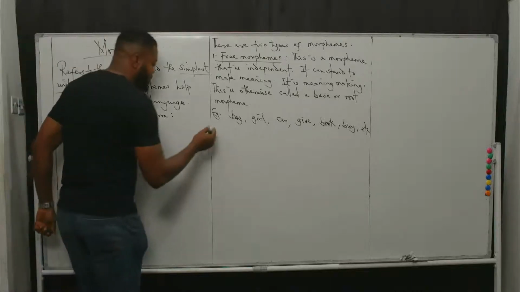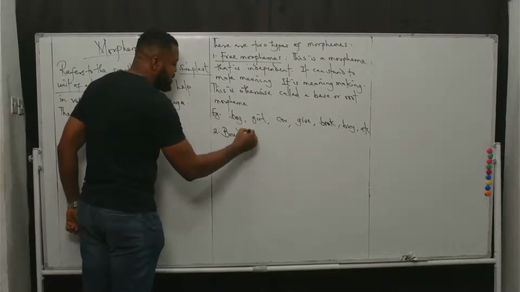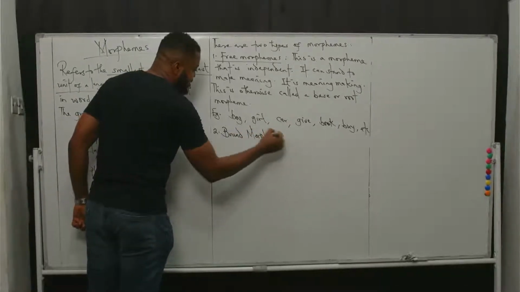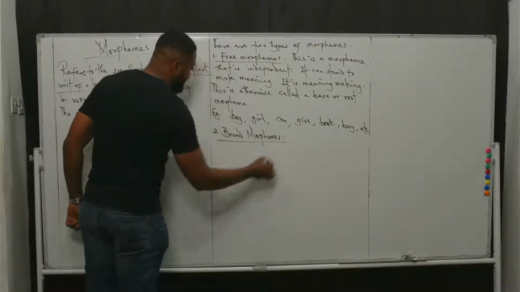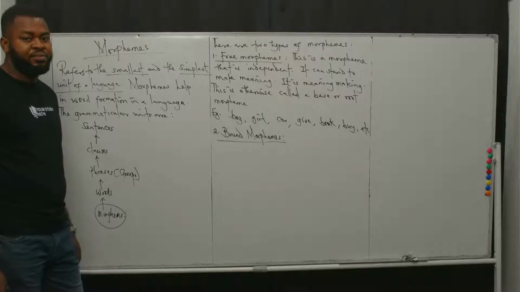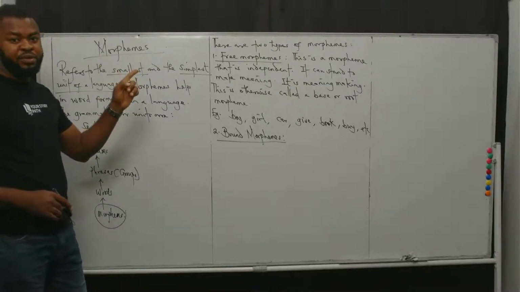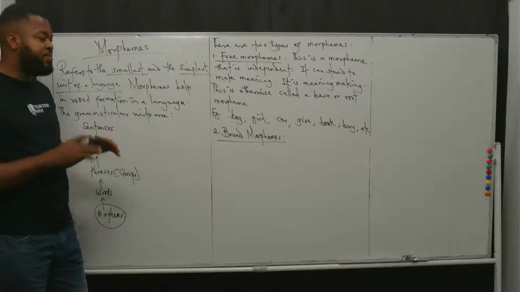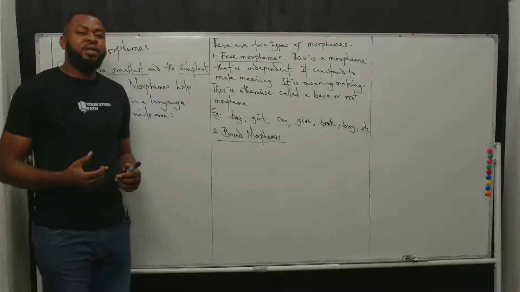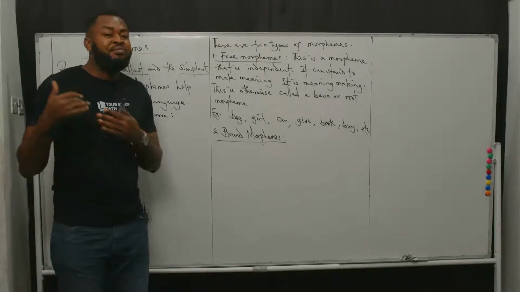Now number two, we have the bound morphemes. Remember that the bound morphemes are basically the opposite of free morphemes. Do you understand? That is, these are words that are not capable of replicating a meaning.